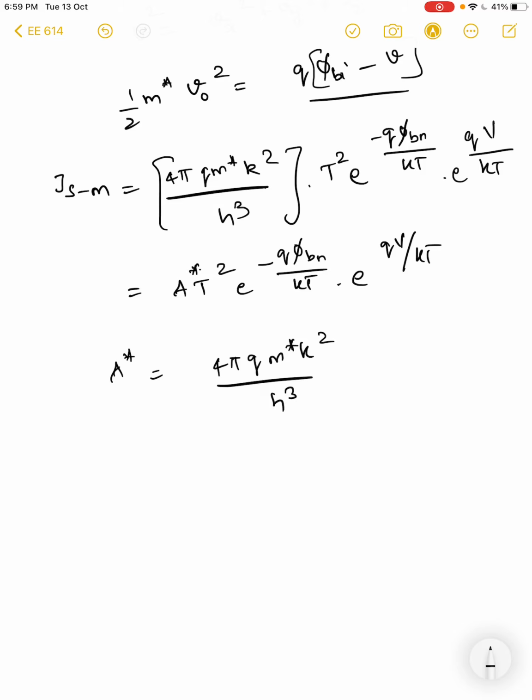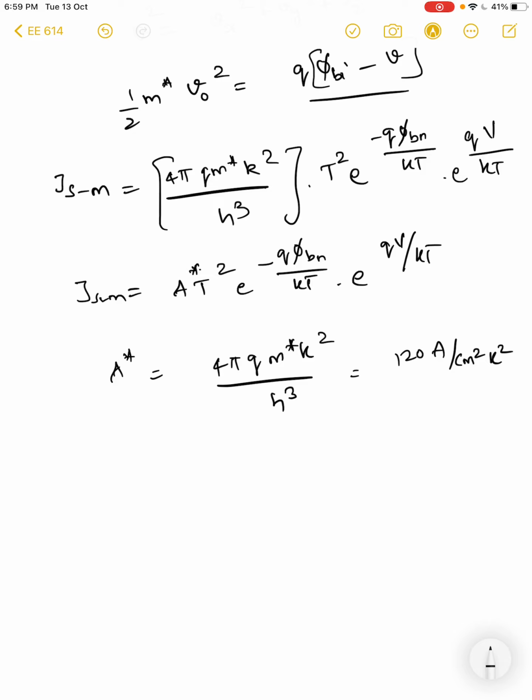So this A star is called the Richardson constant for thermionic emission, and if you assume m to be the free electron mass, it turns out to be about 120 amps per centimeter square Kelvin square, right? So this equation is one of the most famous equations, and it determines the thermionic emission across a metal semiconductor barrier.